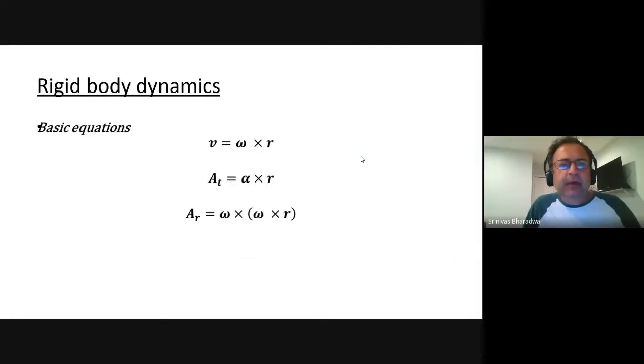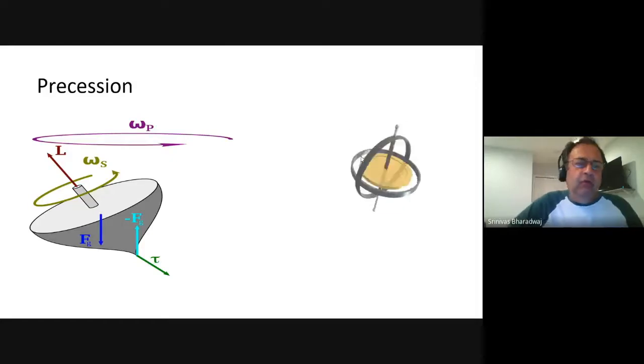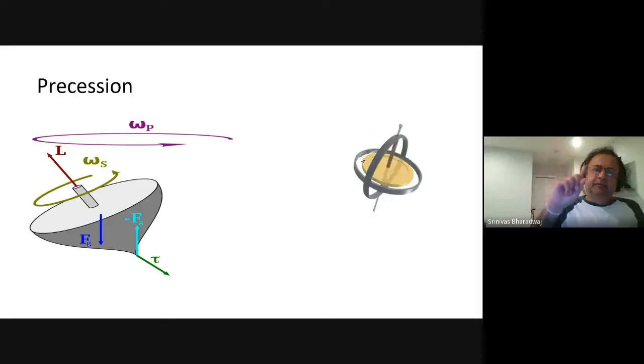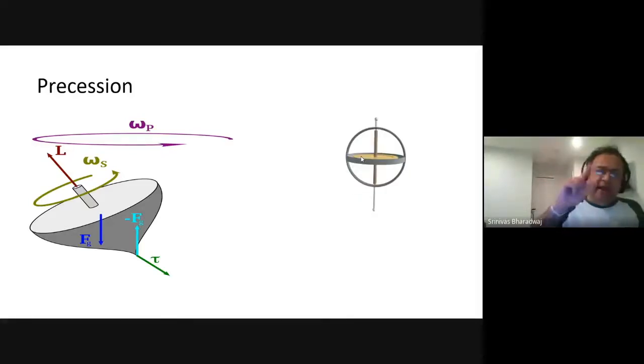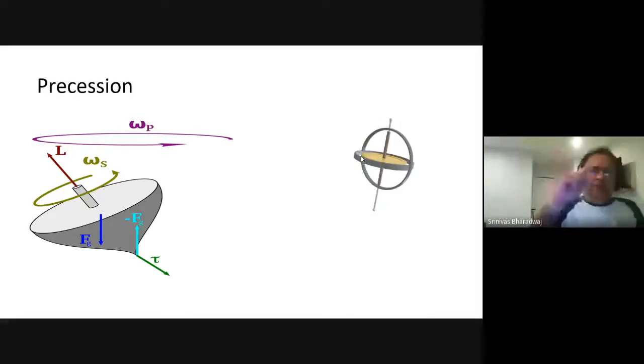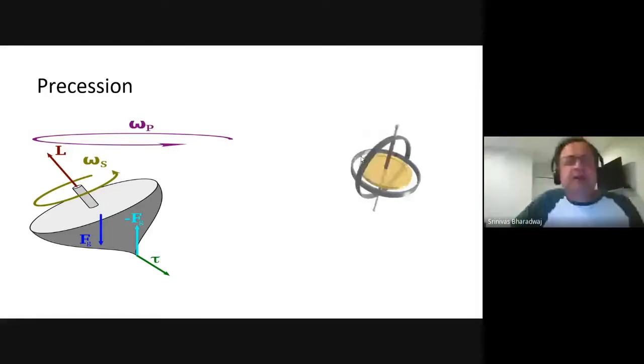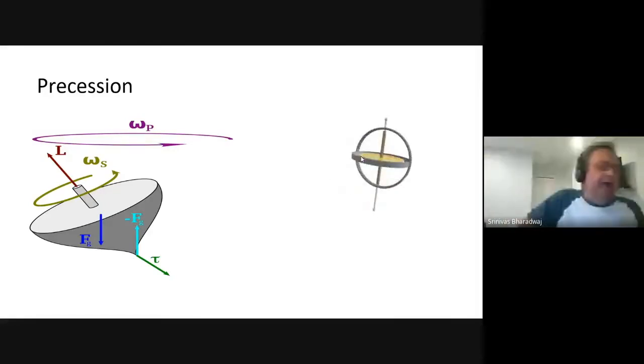So when we go back to the spinning top, what is happening is that the angular momentum L spins around. How is angular momentum related to the angular velocity? How is velocity related to the linear momentum? Linear momentum is just mass times velocity. Similarly, we will be introducing this term called moment of inertia.